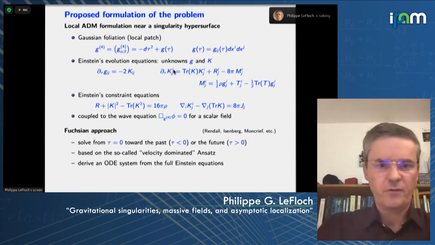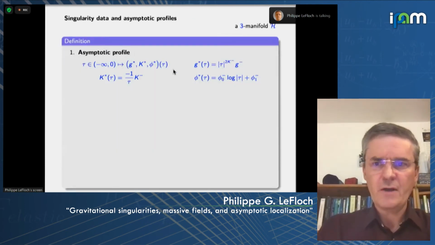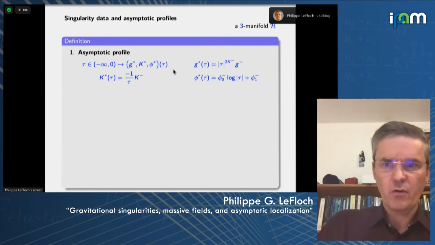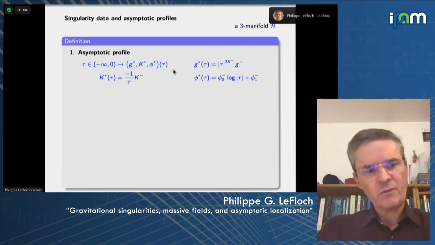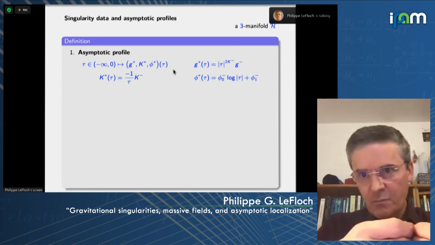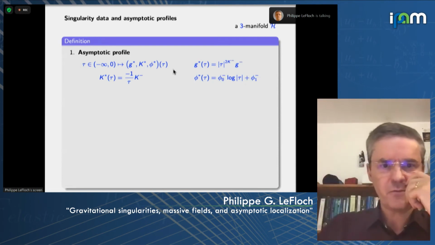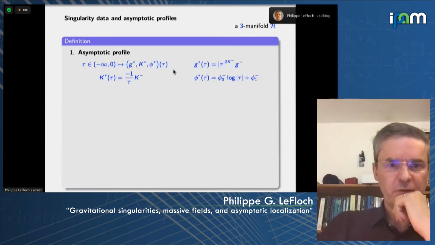So this is done by this ansatz, and to be more precise, I produce a profile for the extrinsic curvature, which will be 1 over tau, where tau is my Gaussian time variable, times a constant. I mean, it's not constant. It depends. Of course, it's a tensor on the singularity hypersurface. This is for the extrinsic curvature.